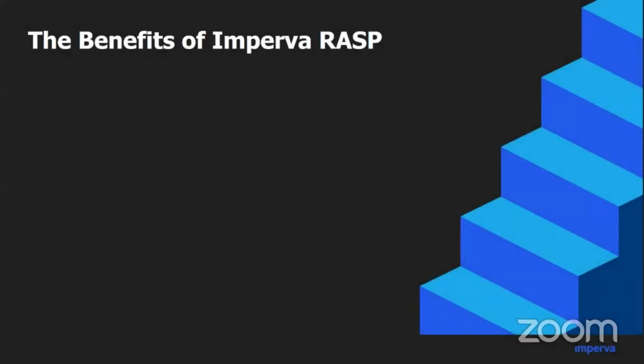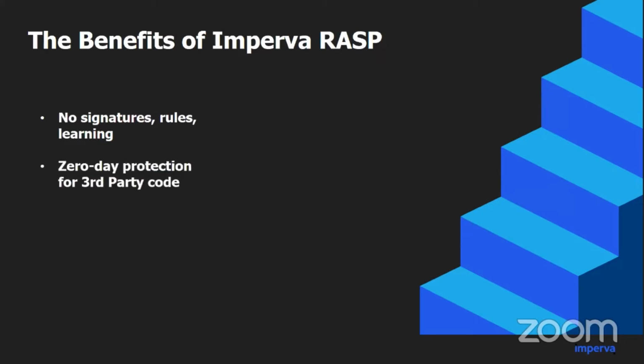So the benefits of Imperva RASP are many, but fundamentally, as soon as it is implemented, it is protecting you. There are no attack signatures needed. There are no rules. There is no learning required of a RASP solution.